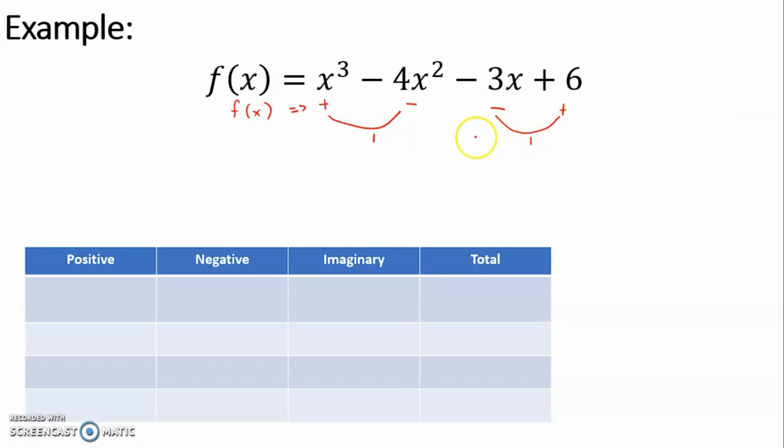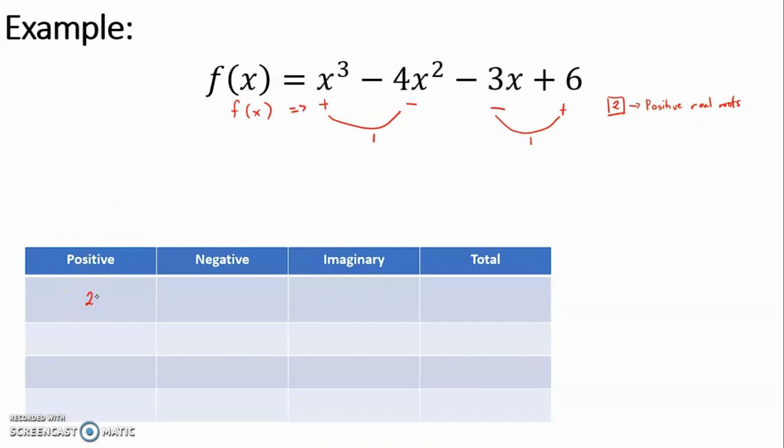So how many changes of sign do we have here? We have 2. And since we're talking about f of x here, this is the maximum number of positive real roots. Maximum. So that's 2.